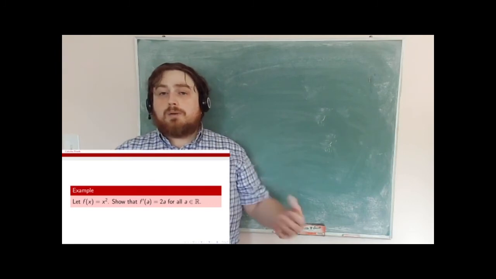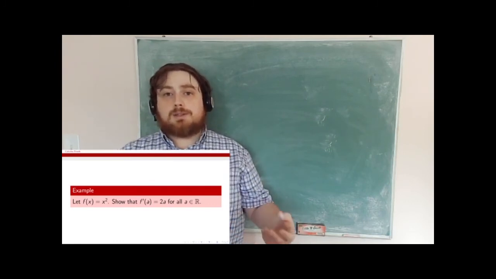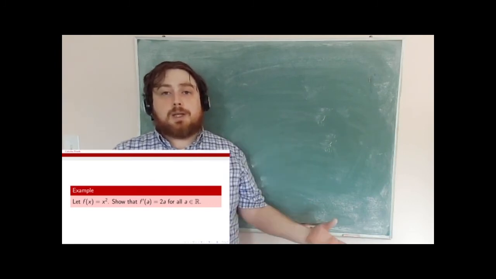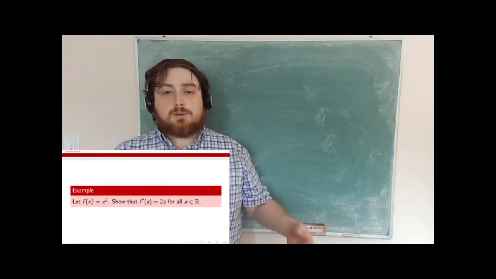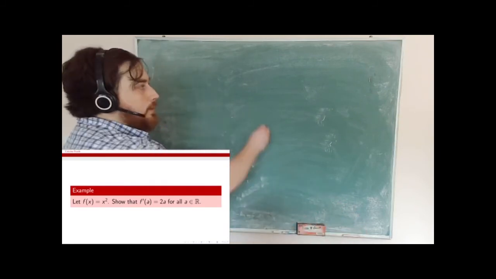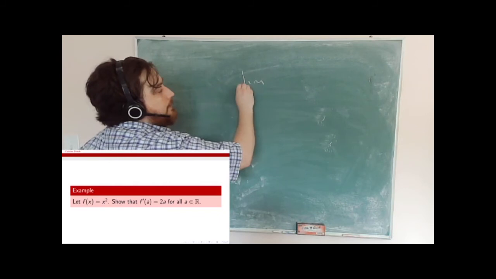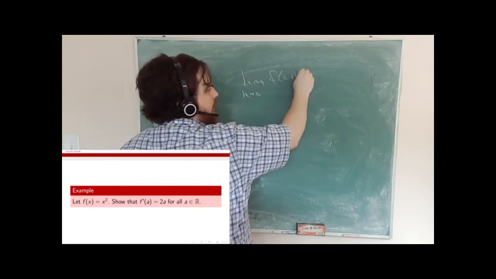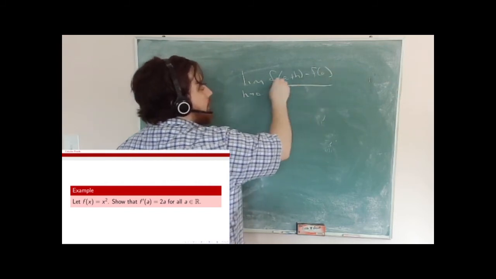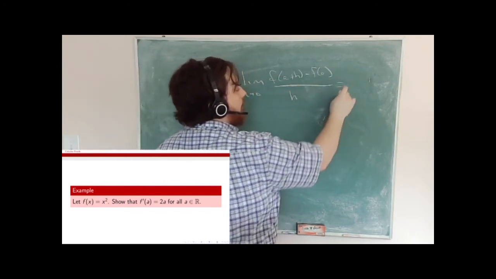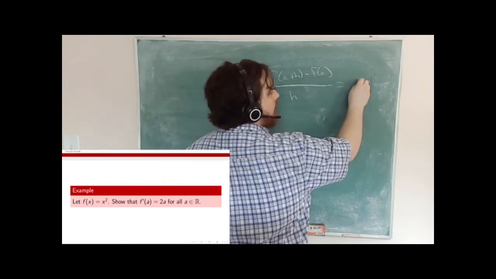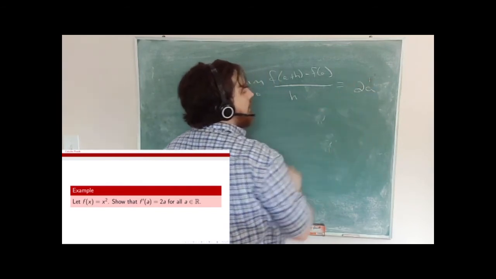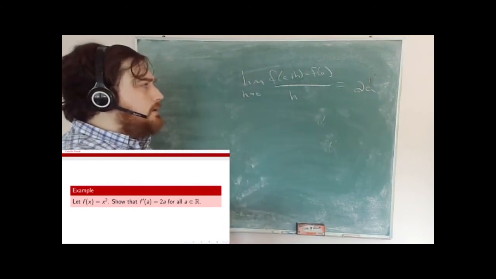Now we're going to work with the derivative, and we want to show that if f of x equals x squared, the derivative at the point a is just 2a. So what does that mean? Well, remember the derivative is defined as the limit as h goes to 0 of f of a plus h minus f of a, all over h. I want to show that this is equal to 2a when f of x is equal to x squared.